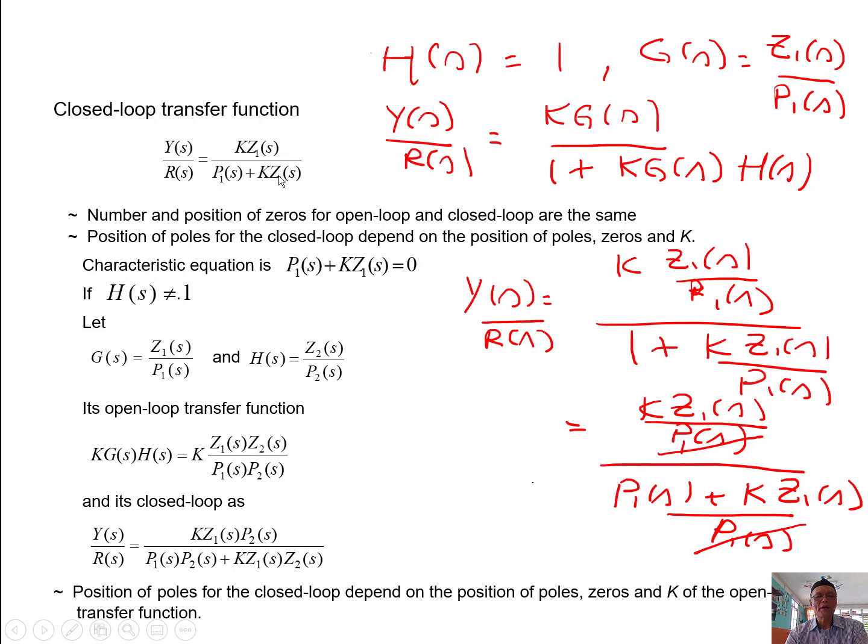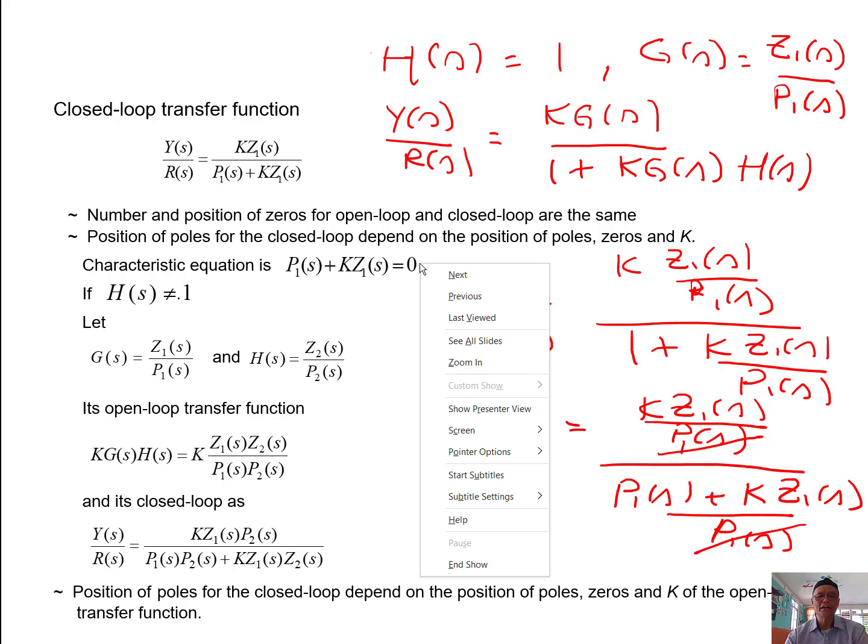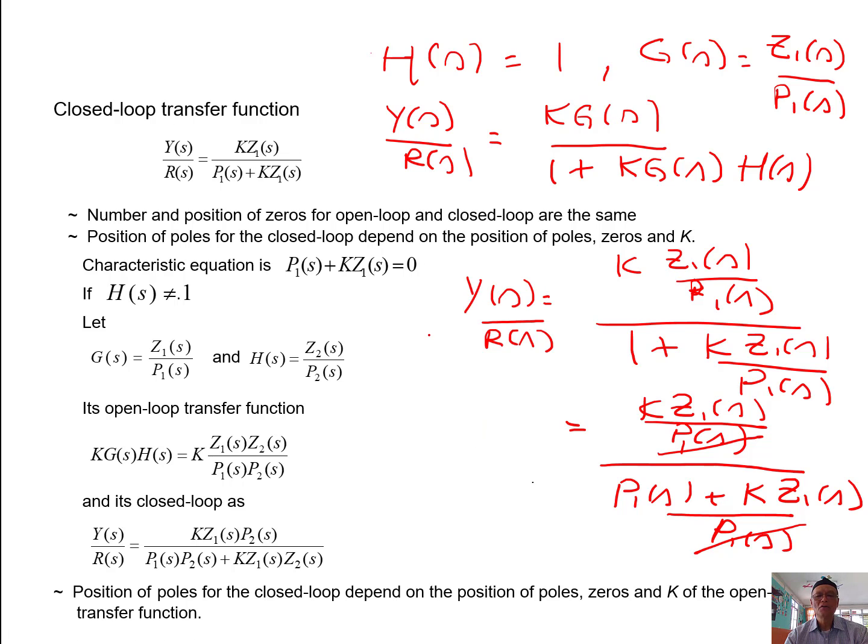Basically, the order will still be maintained at P1. So the characteristic equation for this one is just this value, which we equate to 0. That is the characteristic equation for H(s) equal to 1.